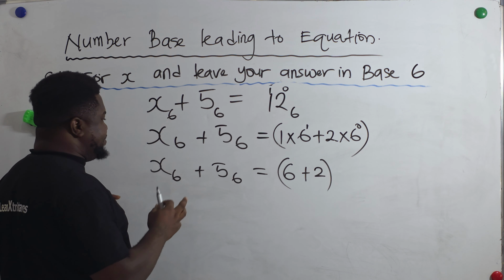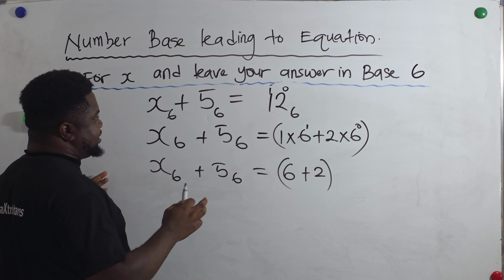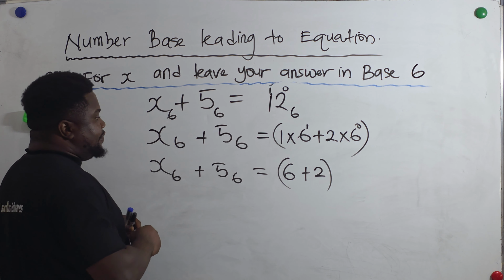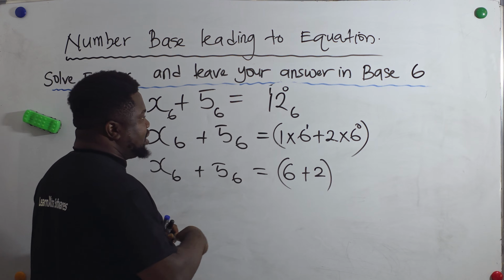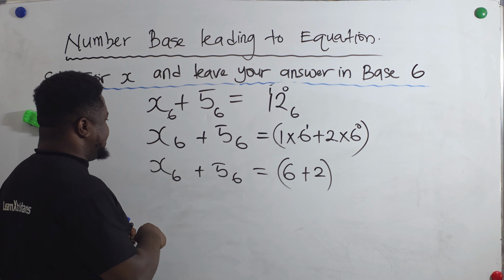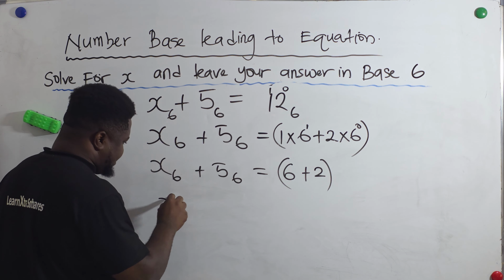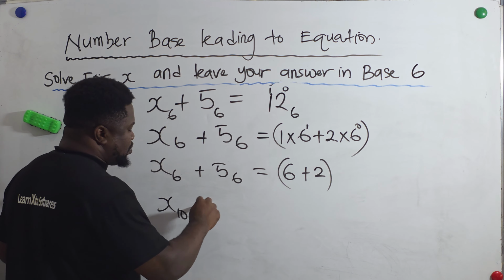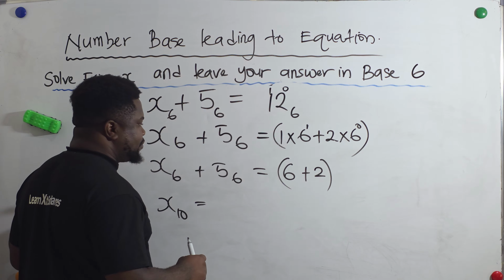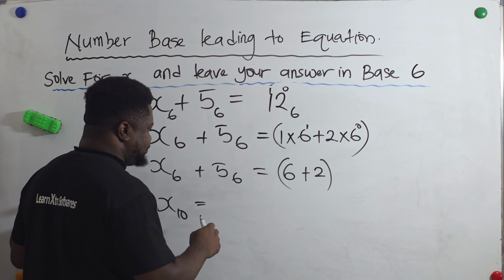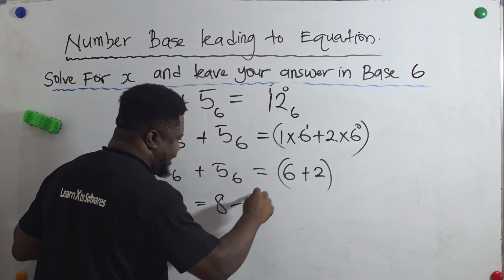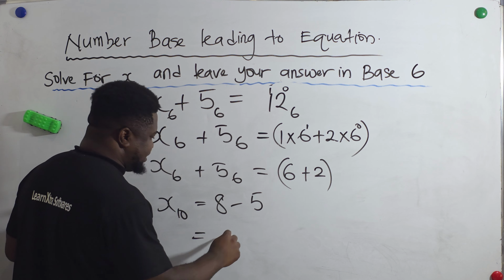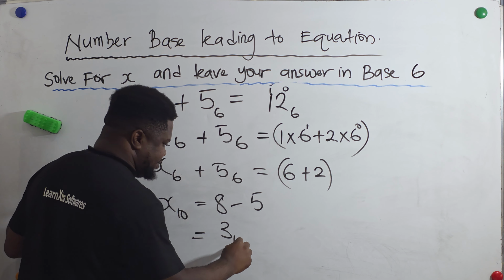Now, in base 10, 5 in base 6 is same as 5 in base 10. So this is now in base 10, right? Yes. So we can say x in base 10 is equal to 8 minus 5. And that is 3 in base 10.